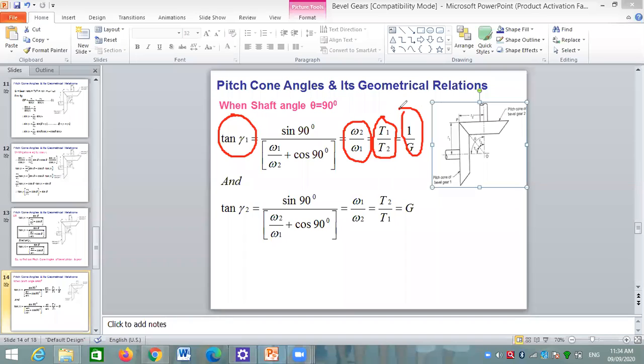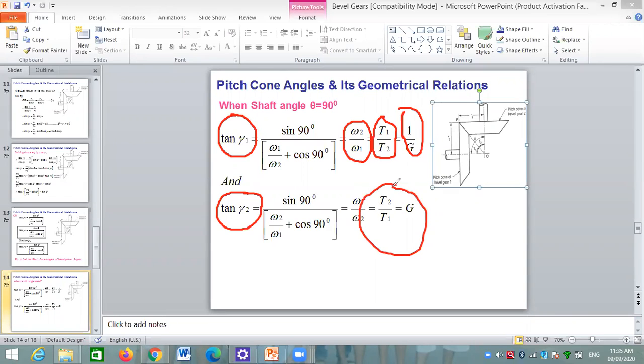Therefore, if you want to find out the pitch cone angle for a pinion, then the formula for pitch cone angle for a pinion is equal to 1 by G when the shaft angle is 90 degree. And similarly, if we want to find out the pitch cone angle for a gear, then it is equal to omega 1 upon omega 2, or it is equal to T2 by T1, or it is equal to G.